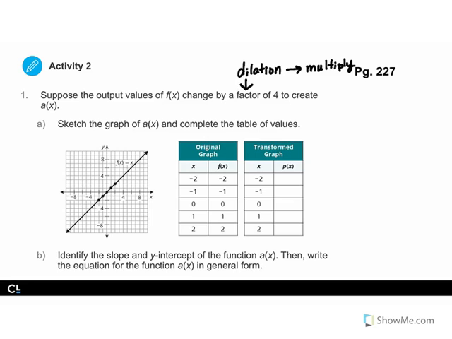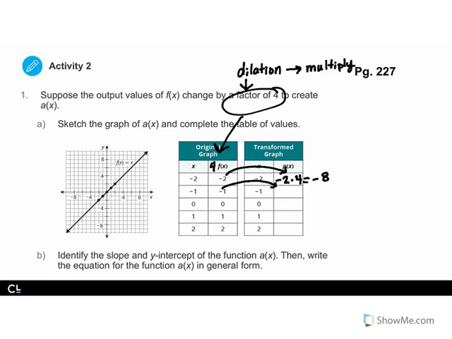So right here you can see our x values are staying exactly the same. But what we're going to do to our y values, because it says factor of 4, is we're going to now take f of x and multiply that by 4. So to get my value over here, I'm going to take negative 2 times 4, which is negative 8.